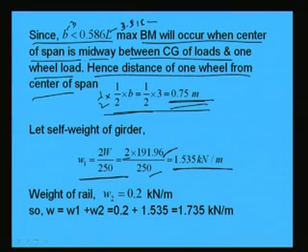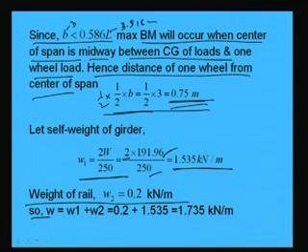Self weight means approximate self weight of the girder, that is 1.535 kilonewton per meter, and weight of rail, let us assume, say 0.2 kilonewton per meter. Weight of rail we are assuming 0.2 kilonewton per meter. So the total UDL will become W1 plus W2, that is 0.2 plus 1.535, that is becoming 1.735 kilonewton per meter, right. So the UDL we are going to get is 1.735 kilonewton per meter, that is there throughout the girder.